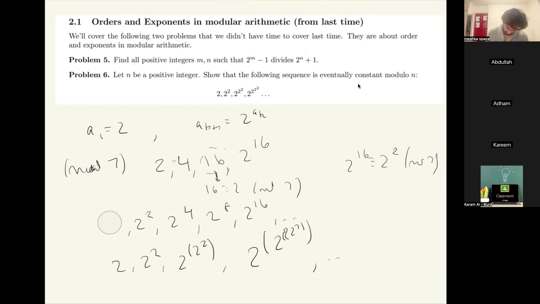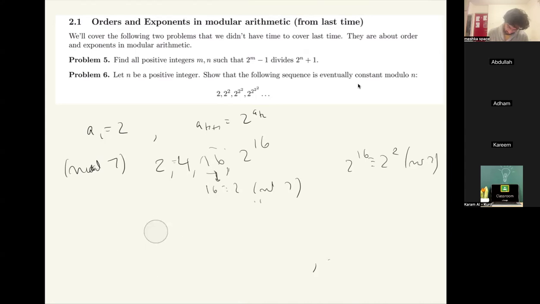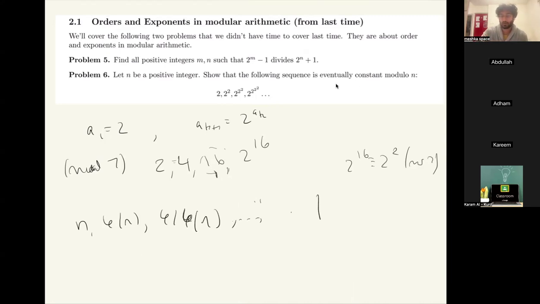Okay, what's the solution? We're going to be looking at Euler's totient function. If we keep taking Euler's totient function again and again, it will eventually be 1 or 0, I'm not sure, and it will be constant.